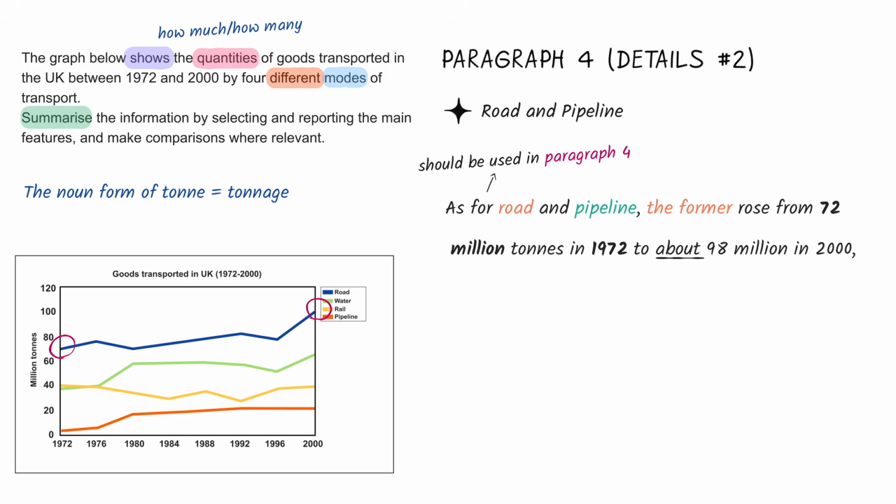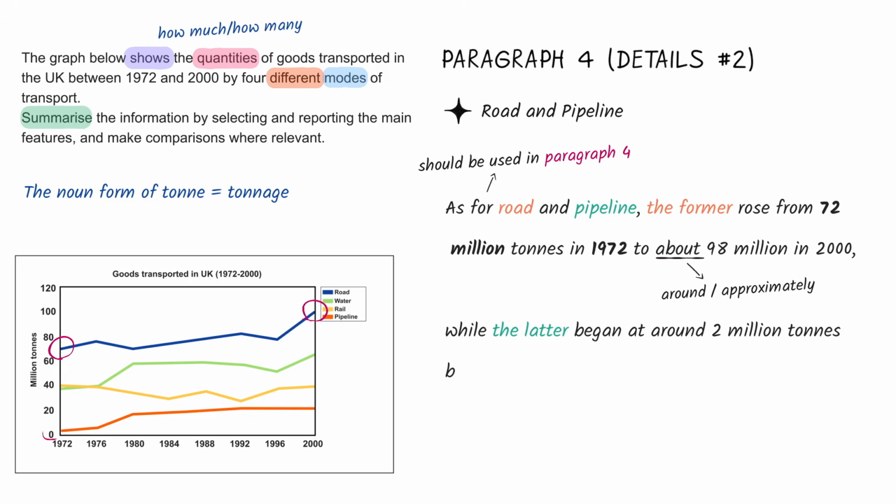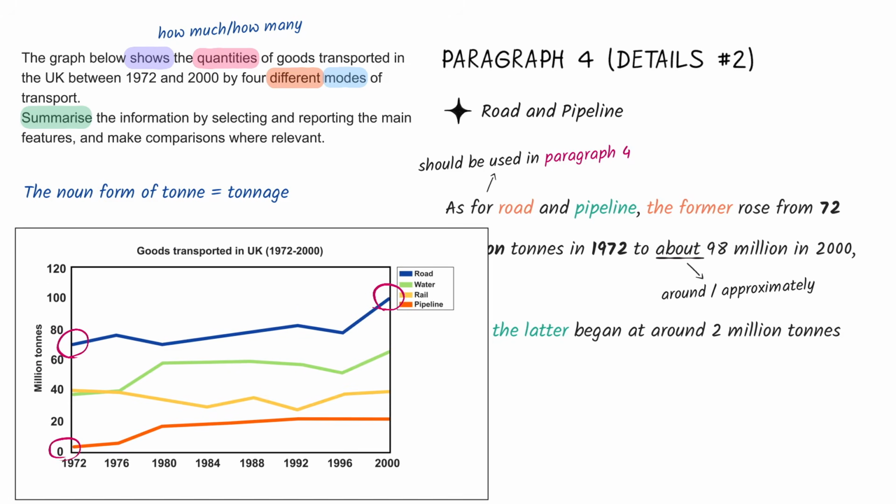So when you're not sure about the number, you can write some adverbs like about, around, approximately. While the latter refers to pipeline, began at around 2 million tons, you can see in 1972. And here, I'm going to write from 1972 up to 1992, all right, the next 20-year period.